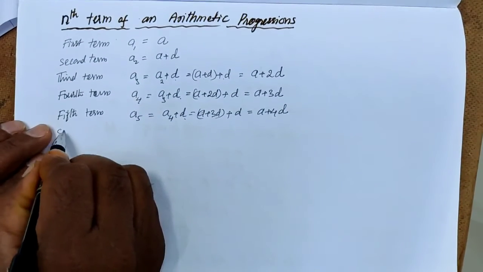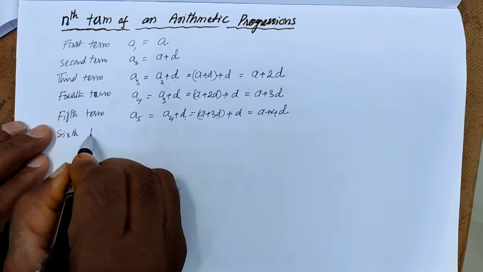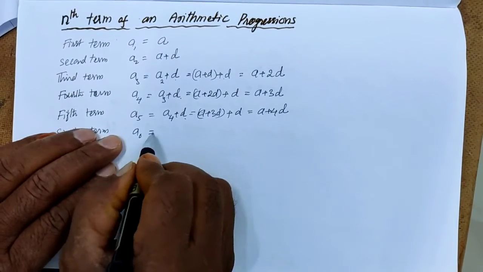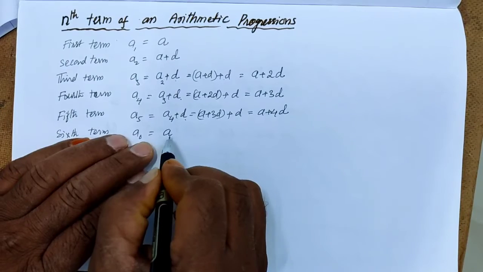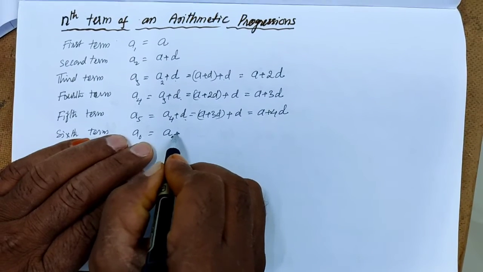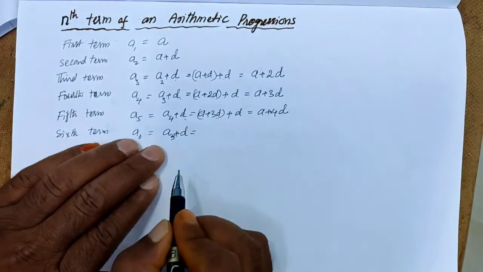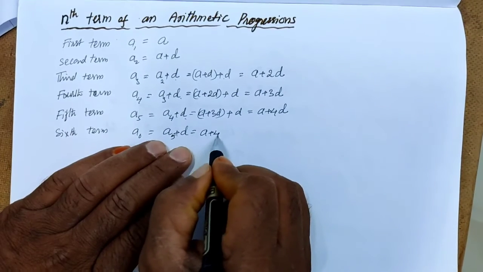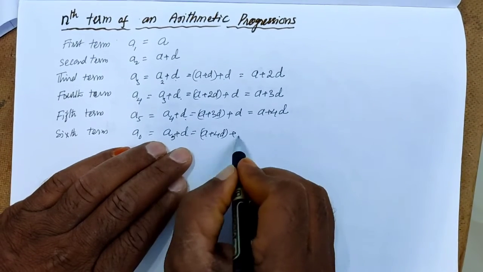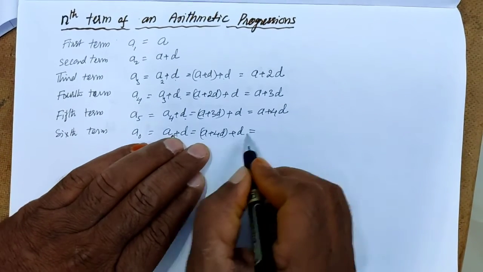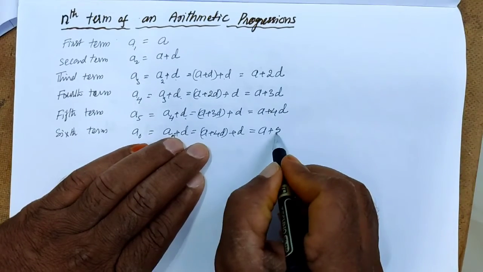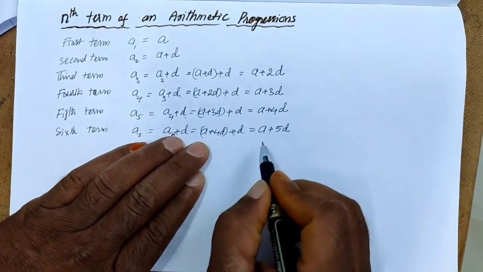And sixth term a6 is equal to fifth term plus common difference, and fifth term is a plus 4d plus d, so 4d and 1d is 5d, a plus 5d.